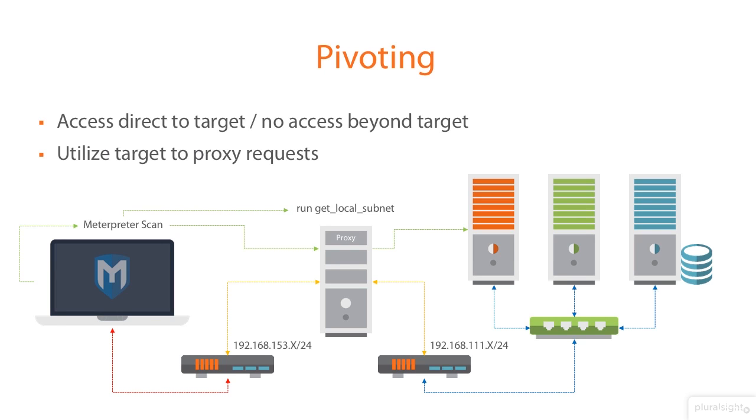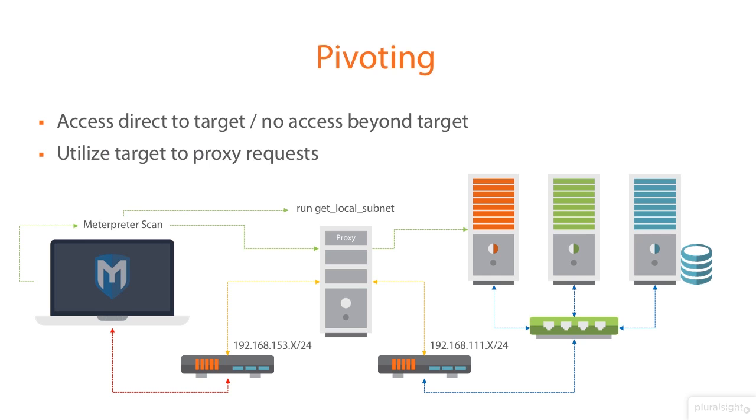So for example, once we have a Meterpreter session to the compromised machine, we can run something called get_local_subnet. What this will do is run on that compromised machine, looking for the local subnets that local machine has access to.